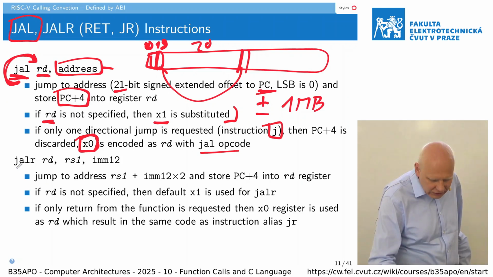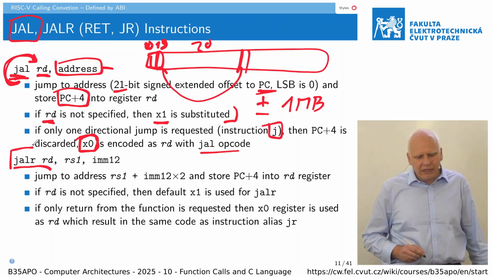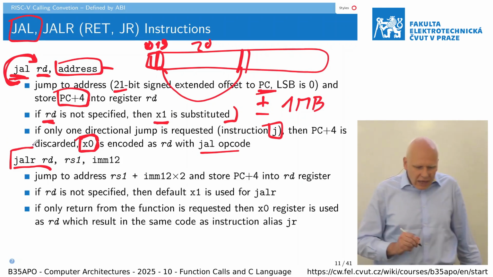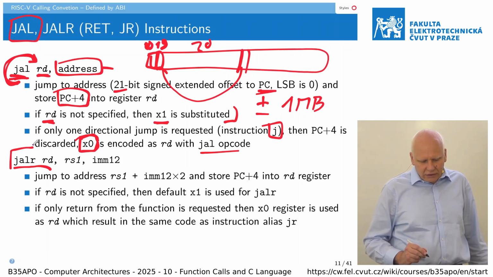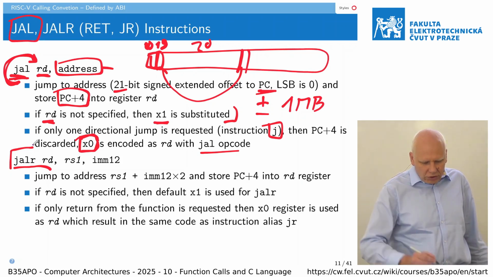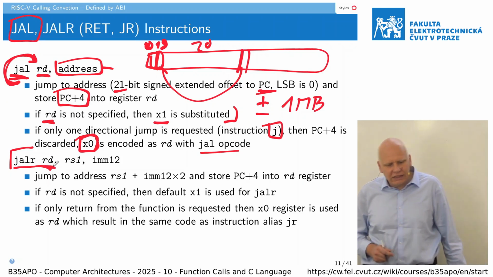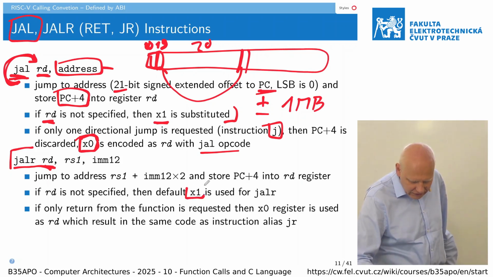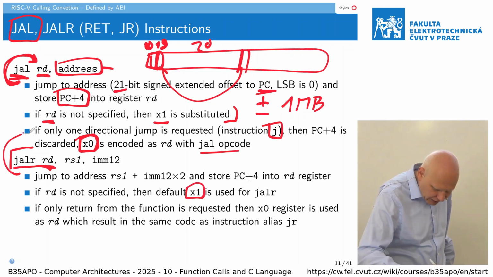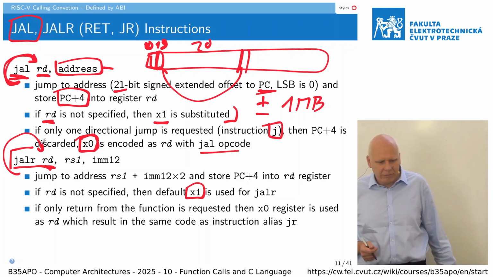So for this reason, we have another instruction which is jump and link register. If we want to use it as a branch to or jump to the subroutine, then we specify with RD that it should store the next instruction address to x1. So it works the same as jump and link.